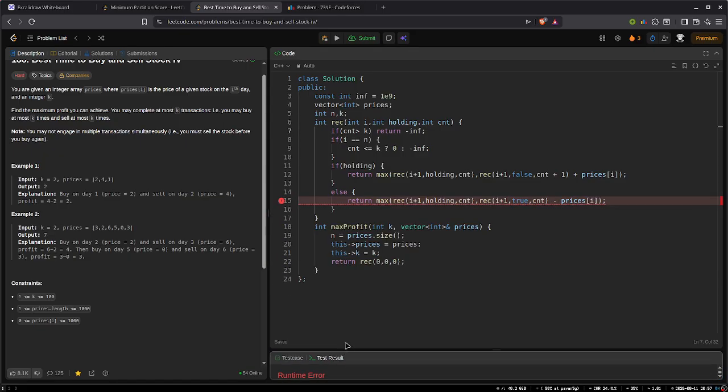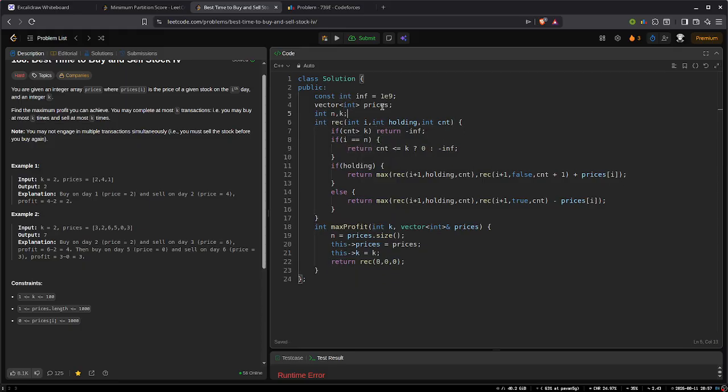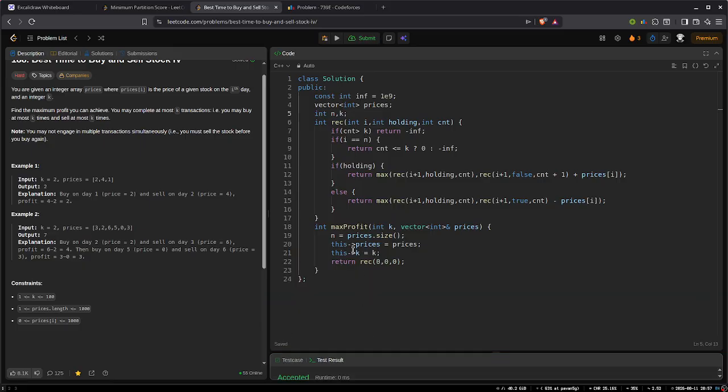Still it's a runtime error. Are we doing it right? Let's try to DP this once. Or did we mess up something? We forgot the return statement. That's what I was thinking, because the first few test cases are pretty small. It shouldn't be giving stack overflow. Yeah, so the recursion is right.